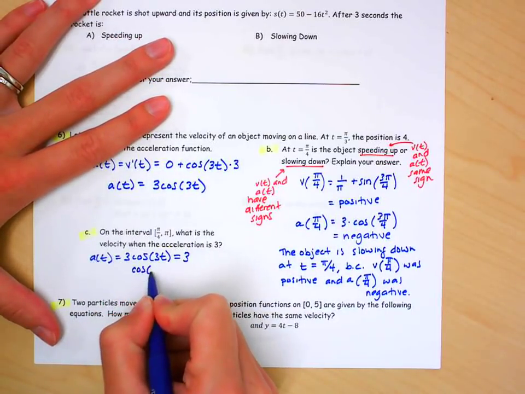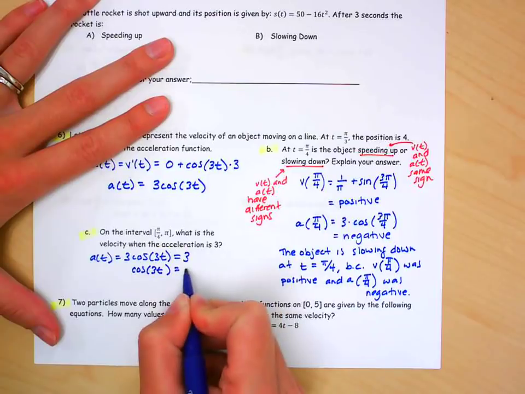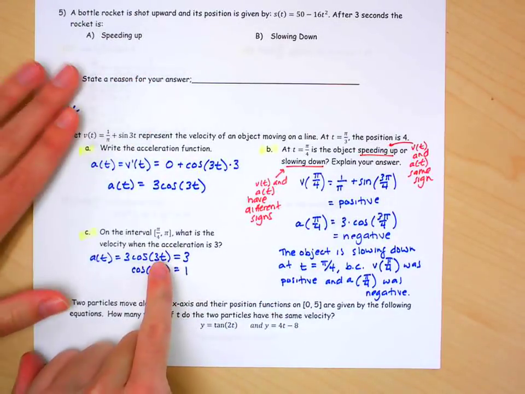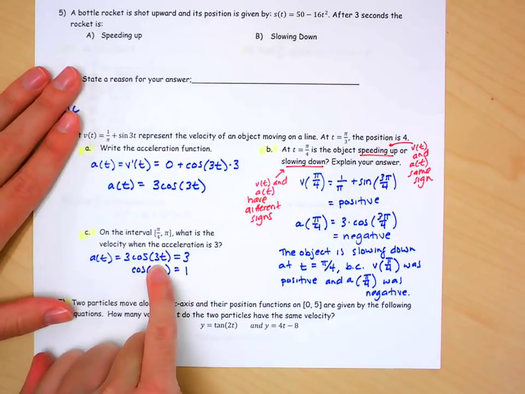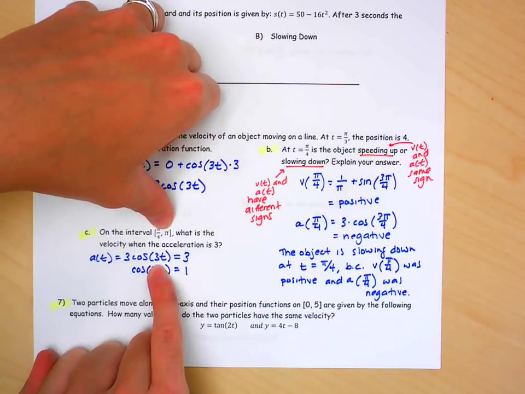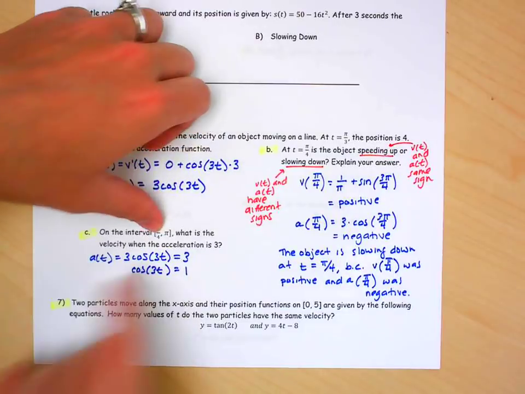And now what I want to think about, I'm going to ignore this 3t for a minute. I want to think about when cosine has a value of 1. Now I have this restricted interval, so I don't need to think of all of the infinite amount of times when cosine equals 1, but stuff around here.